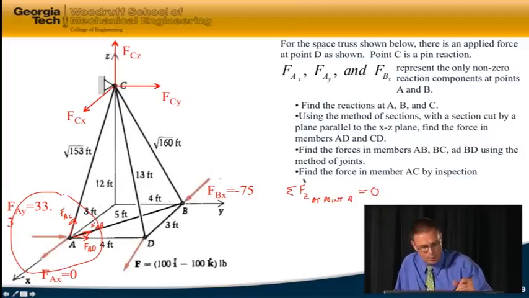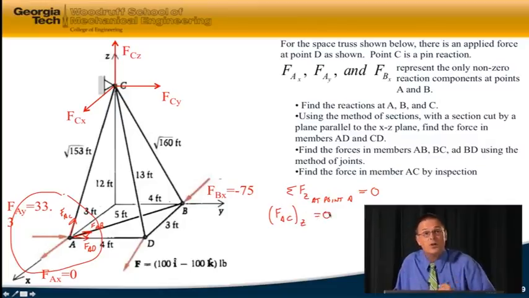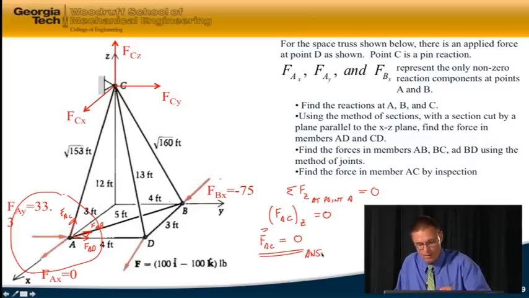And in this case, we only have the Z component of FAC equals 0, which means the overall force FAC has to be equal to 0. And so that is our answer. And so we've completed that problem.